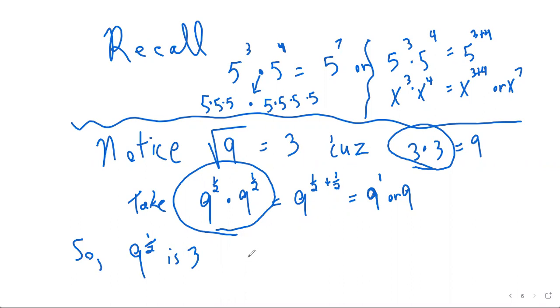But then also what we notice is, well, okay, 9 to the 1/2, if it's the same thing as 3, and it behaves the same way as a 3, it has this property that square roots have. It has this property that when I take something times the same thing itself, I get 9. That means that 9 to the 1/2 is a square root of 9. So also we notice maybe a stronger result than that last one, that 9 to the 1/2 is the same thing as the square root of 9.